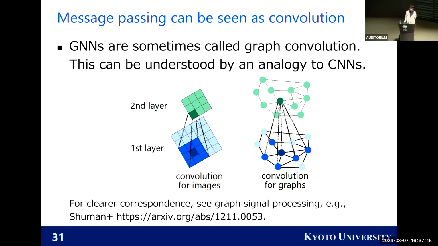Actually, there's a slight difference between image convolution and graph convolution, because image convolution takes the direction into consideration. It applies different filters to the upper left corner, the upper right corner, and so on. But graph neural networks apply the same transformation matrix to all the surrounding nodes.